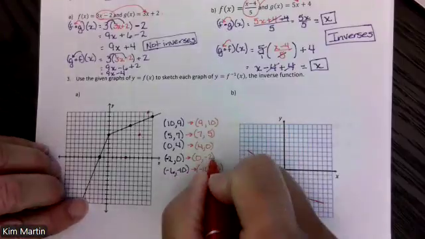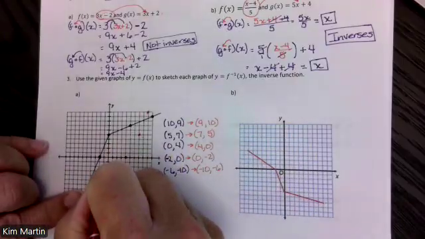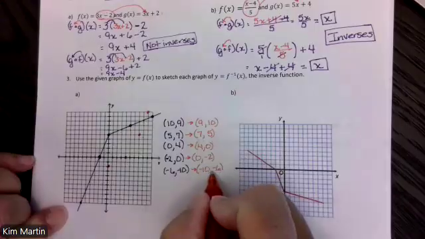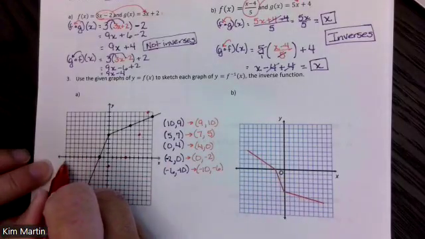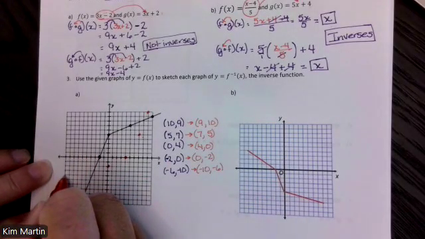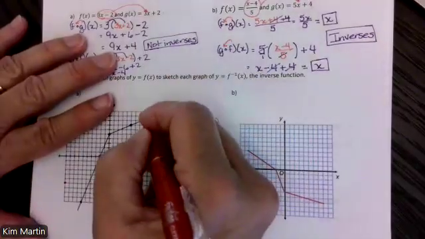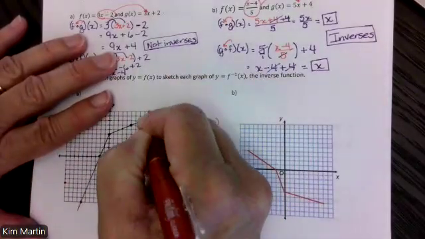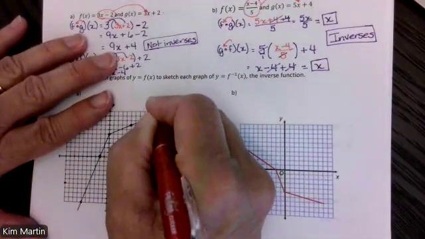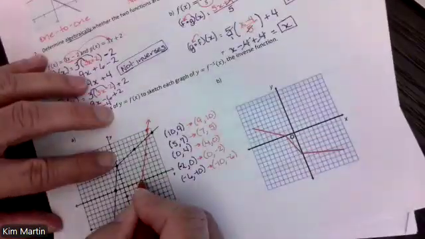All right. 0, -2 right there. And then 10, -10, -6, right there. Now, when you connect these, this goes like this. Don't have a straight edge. And then it goes like this.